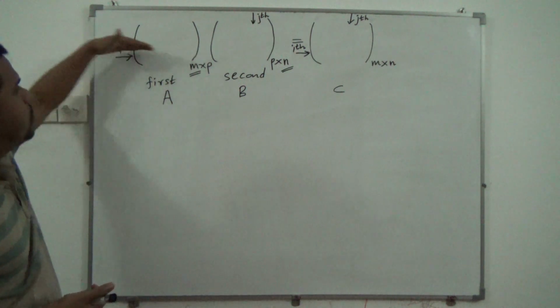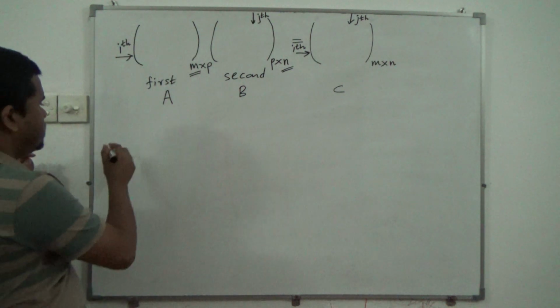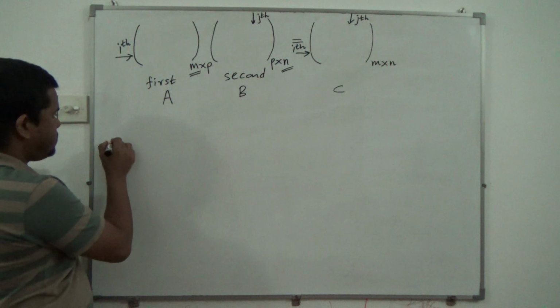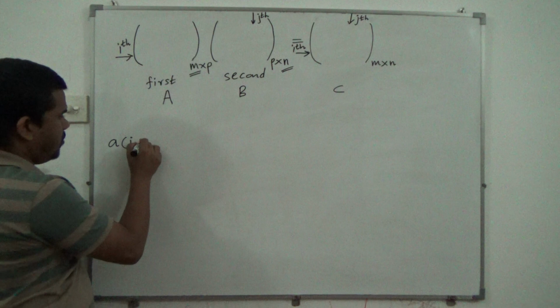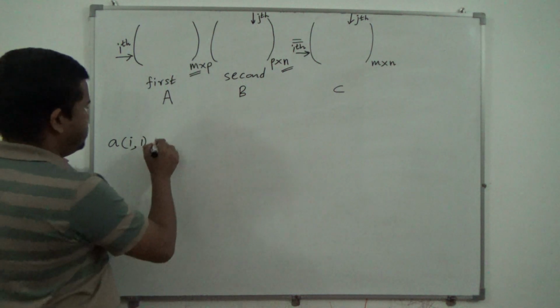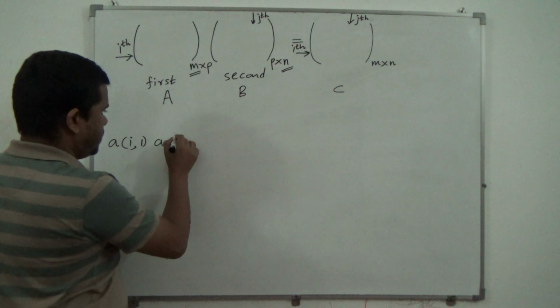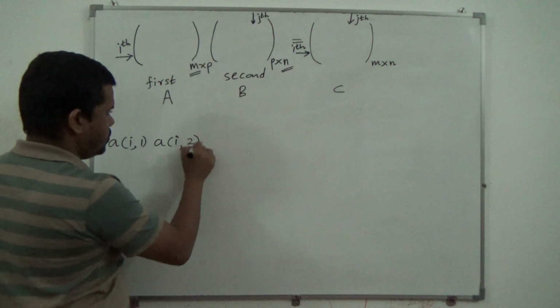Now, I will write down the ith row of the first matrix. So here a i comma 1, a i comma 2.